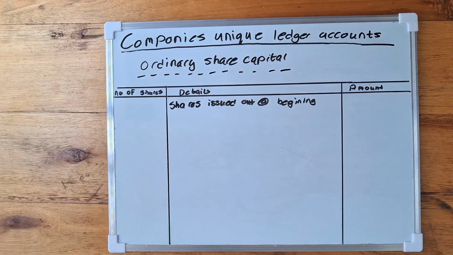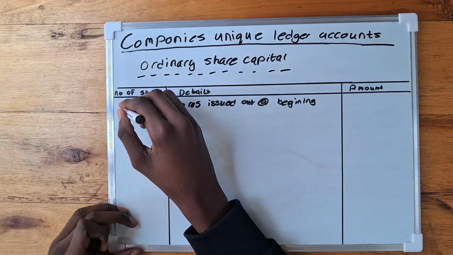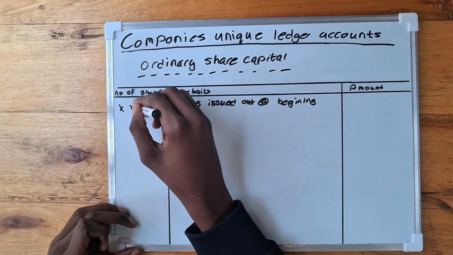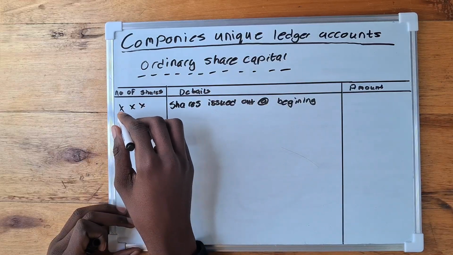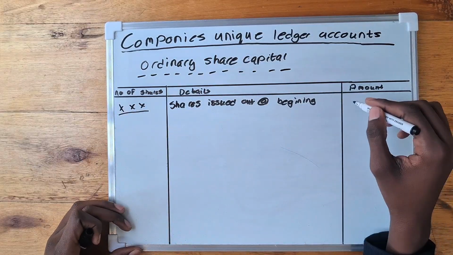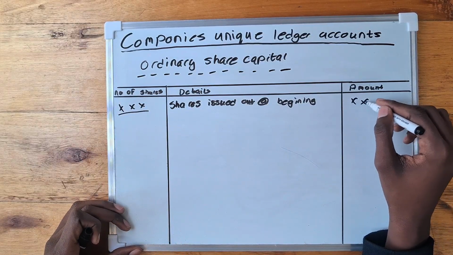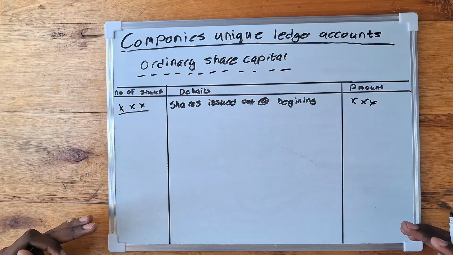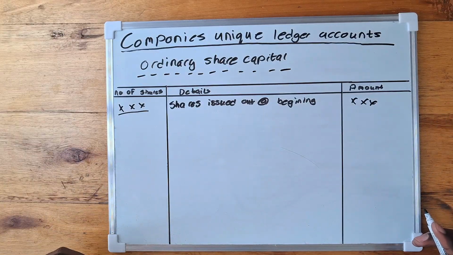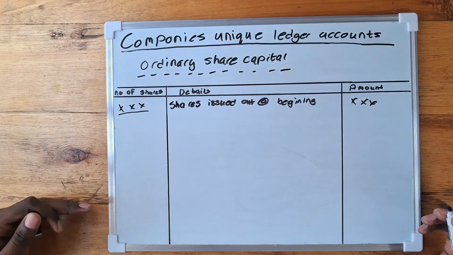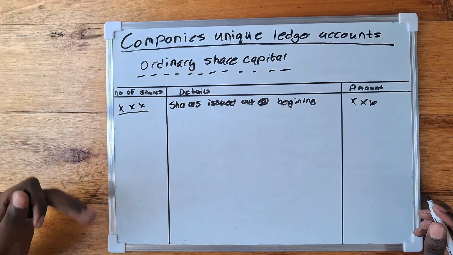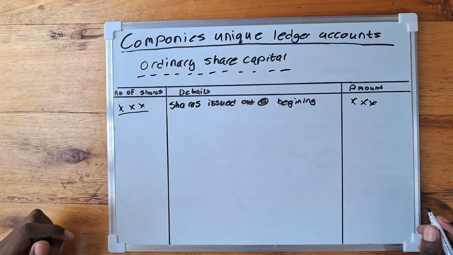We'll just substitute the numbers with X. You will be given maybe this, and if you're lucky enough, you'll just be given the amount, and then you just move on to the other one. However, if you're not given the amount, then you'll have to work backwards. We will discuss that as we go deeper into this topic.